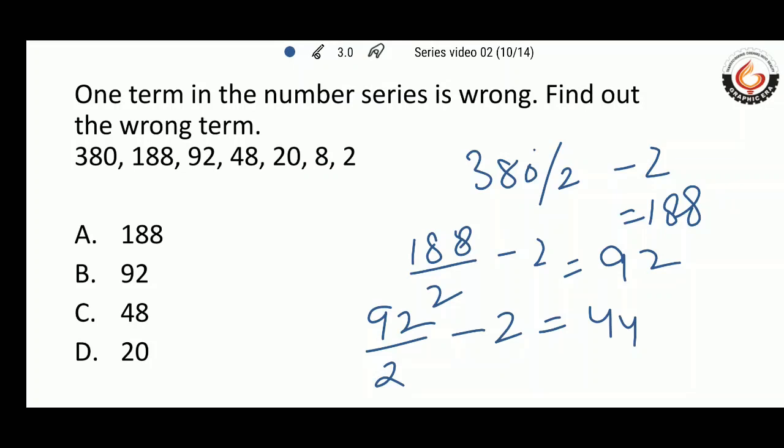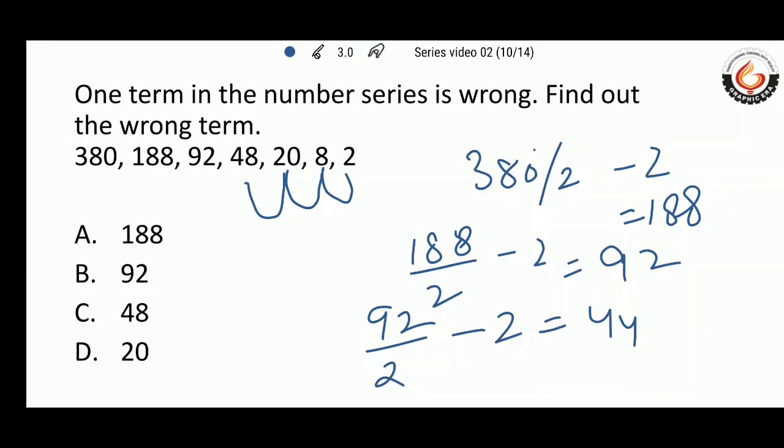Let's check it from the second side. First one is 2 into 2 plus 4. Here, again it is 8 into 2, 16 plus 4. Again it is 20 into 2 plus 8 it is happening.